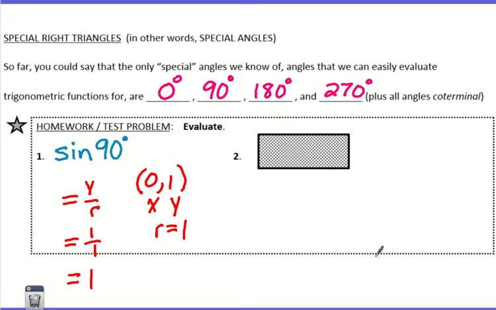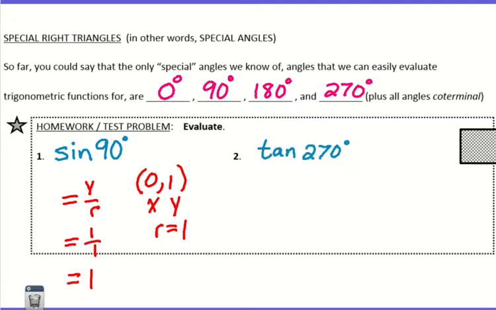And just another quick example to help us not forget about the x, y, and r stuff. 270, those are easy coordinates to figure out. Now watch me screw this up. But it should be 0, -1. And so that would make x 0 and y -1. And if we're using those coordinates, that makes r equal to 1.